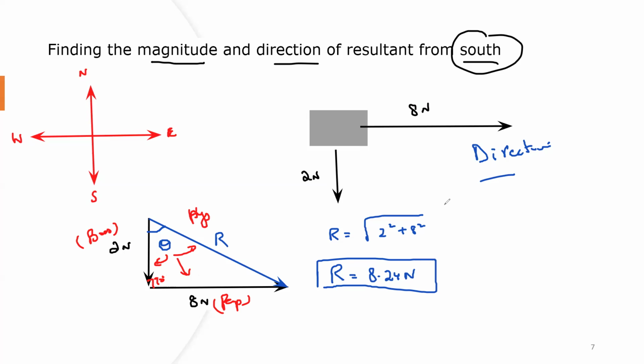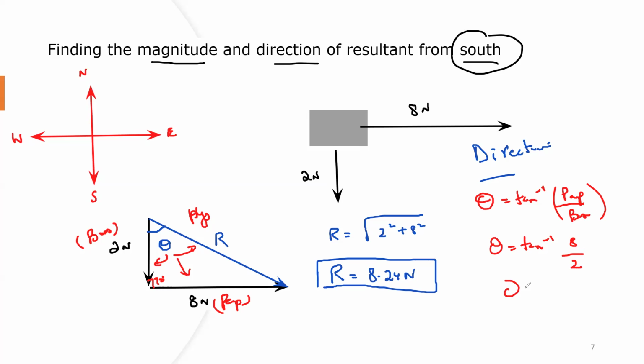Now, if I need the angle, I can directly use the formula theta equals tan inverse of perpendicular divided by base. What is the perpendicular here? The perpendicular is 8. And the base is 2.